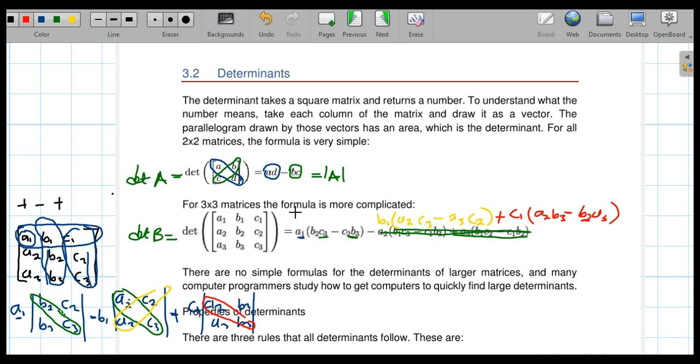So this is the formula for calculating the determinant of a 3 by 3 matrix.